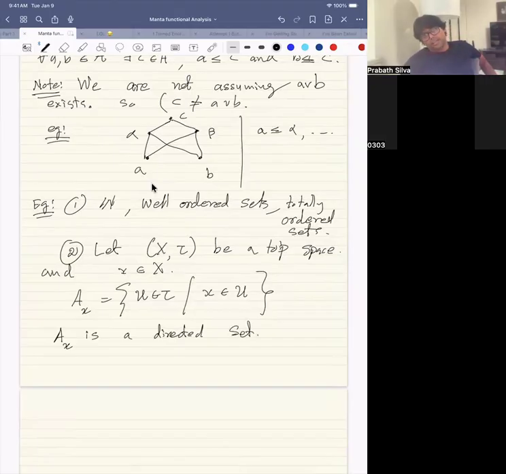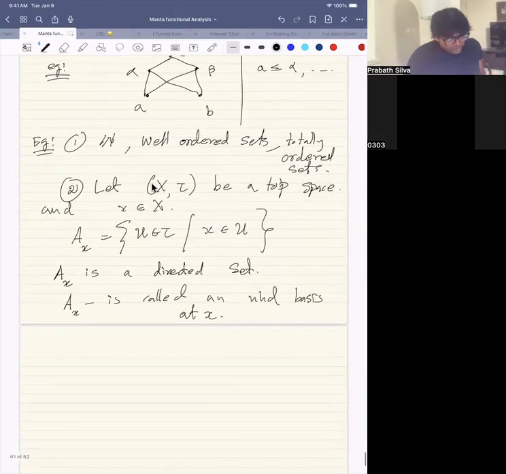When you talk about limits in topological spaces, like if you have a limit that goes to X, that means you are going through this directed set. This is also called a neighborhood basis index.